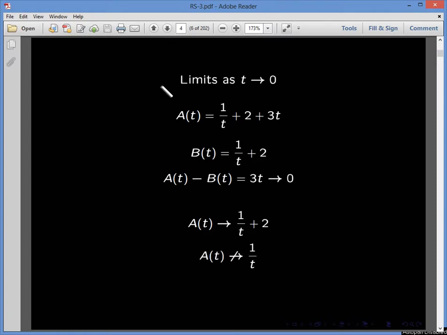In particular, we don't say that a(t) is approaching 1 over t. It seems like the 2 really doesn't matter, since mainly this term is really big, but if you subtract these two, 2 is left over. So it's very sensitive to the little terms as well.